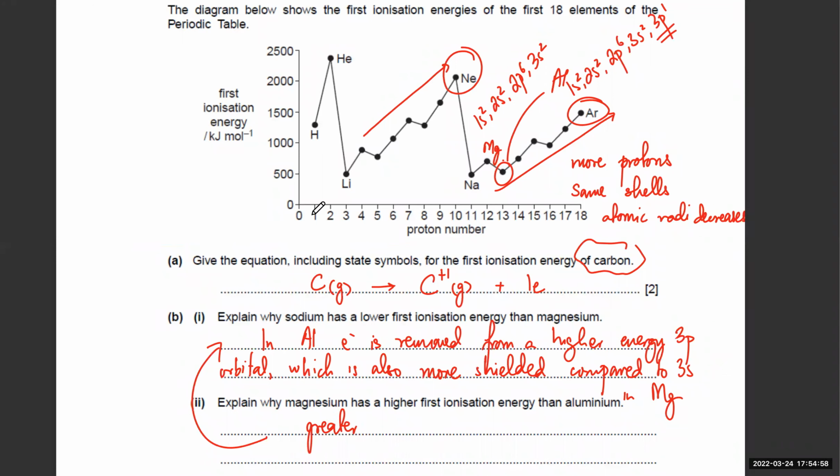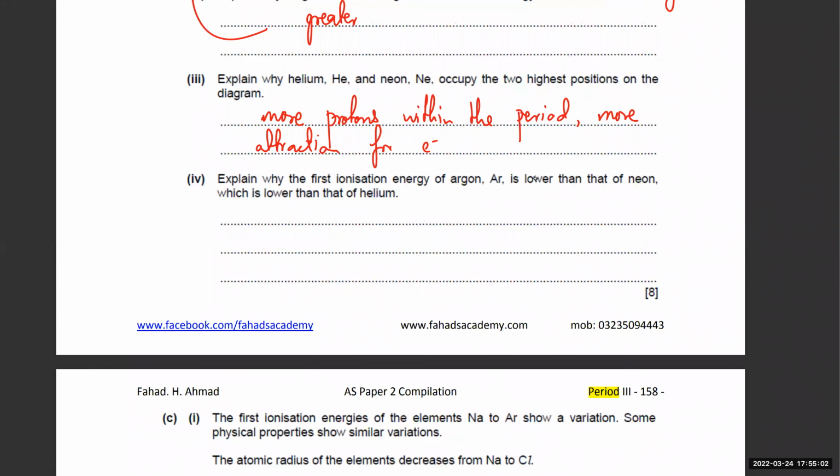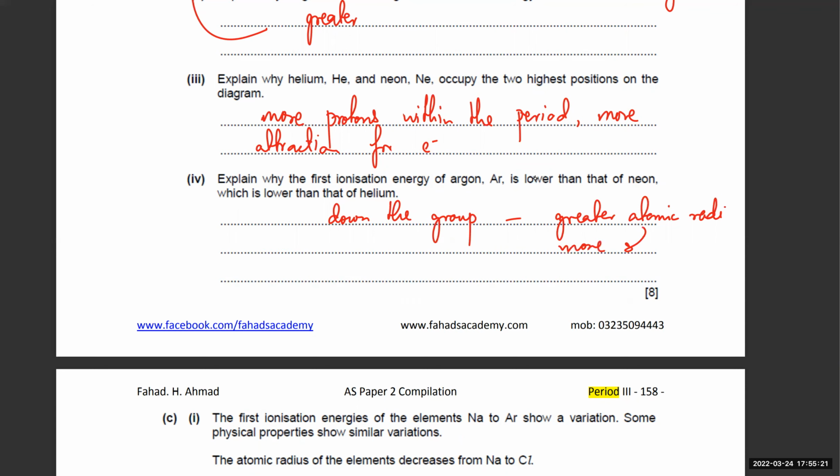So argon and neon: down the group, it becomes easier to remove electrons. Why? Because of the greater atomic radius, the distance increases. Second factor, there's more shielding, so it becomes easier to remove electrons.